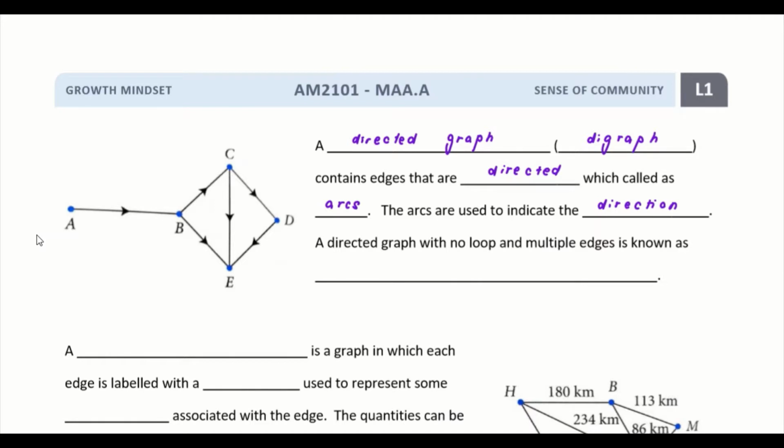So this idea is very important when we move on to the application stuff, where you need to know, when we talk about traffic, you cannot expect everything to have two ways. Maybe some of the routes will be one way.